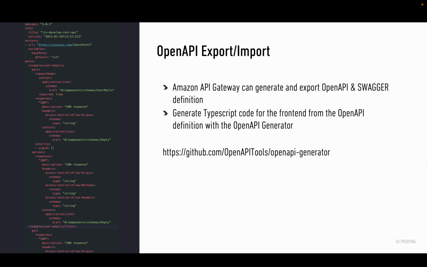And then our front-end guys could use this export together with an OpenAPI generator to generate a TypeScript library. And then it was very easy to call our API from our front end.